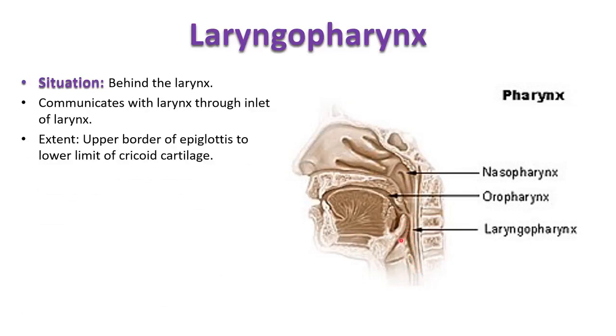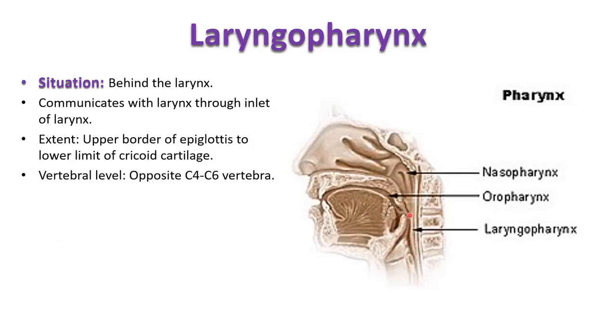It communicates with the laryngeal cavity through the inlet only when the pharynx is at rest, that is when you are not swallowing anything. If food is passing through the laryngopharynx, then the inlet is closed and the communication is shut off.